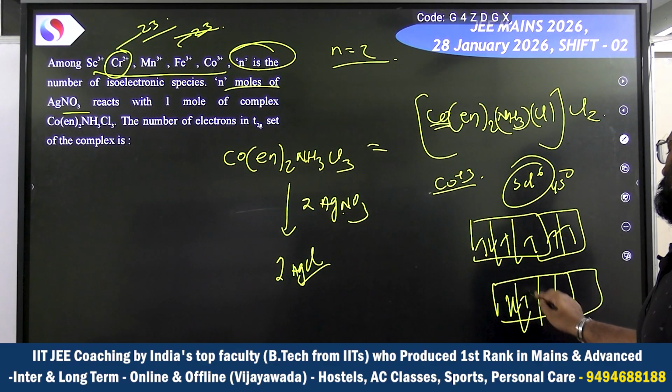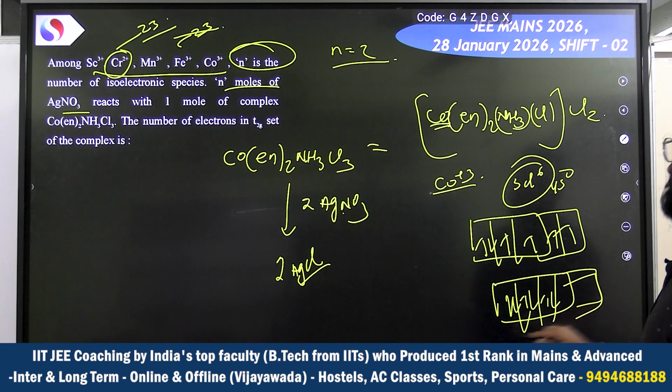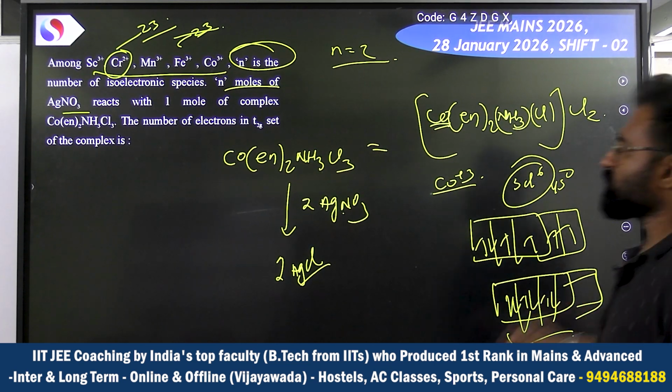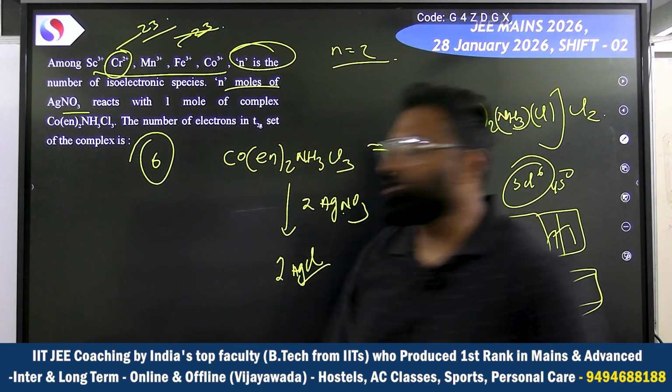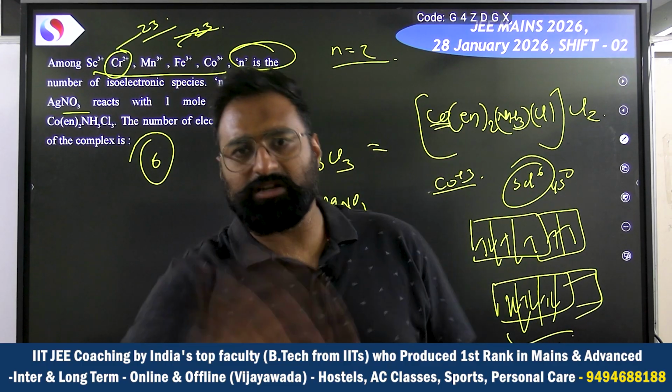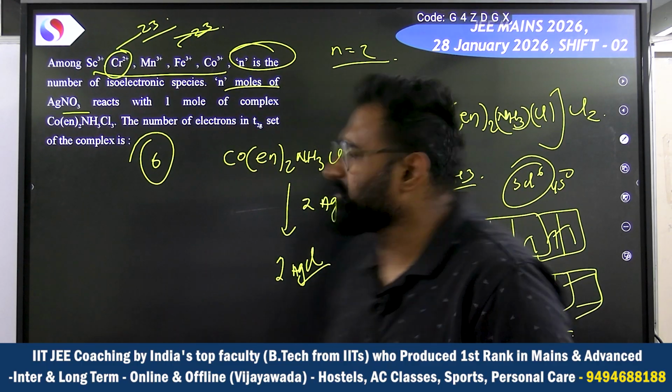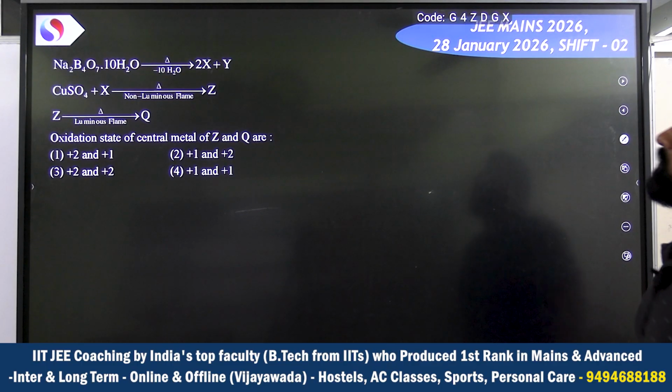So 1, 2, 3, 4, 5, 6, these 2 will be empty. This is t2g, so 6 electrons. Number of electrons in t2g is 6 electrons. Direct question, nothing to worry. The questions are very simple in this paper. Chalo, next.